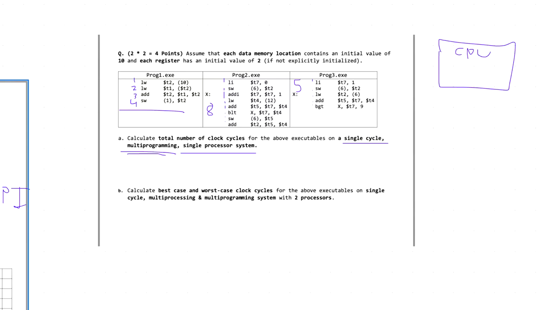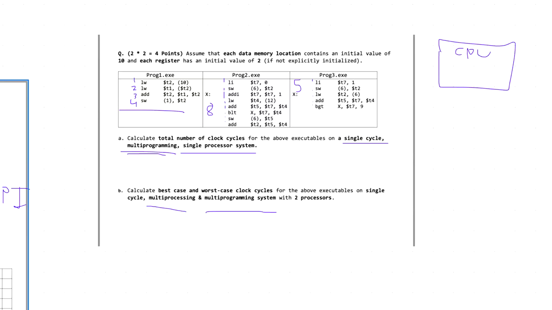I can't split them up. The only way I can do multi-programming is if I have multiprocessing, multiple CPUs, that's all that means, and a system, an OS, operating system, that can handle actually doing the delegation. So that's the main difference between these two examples.